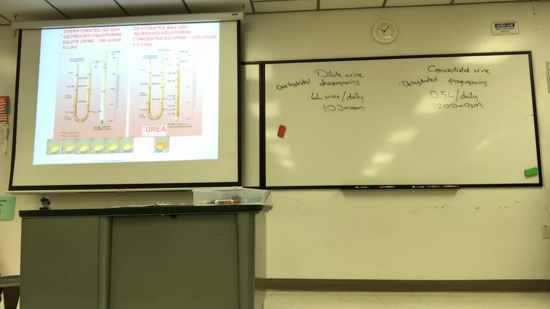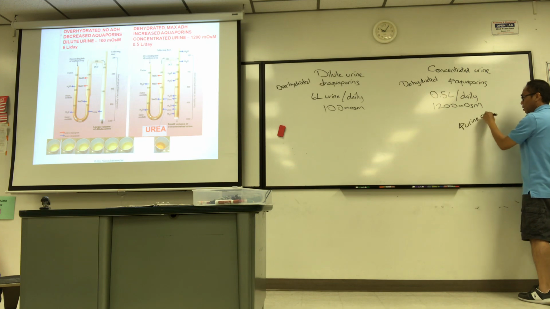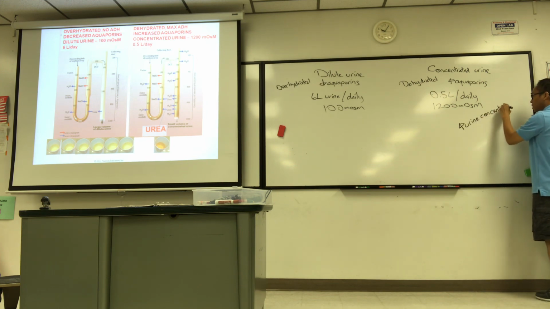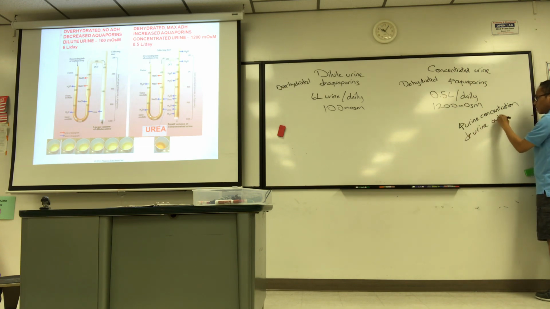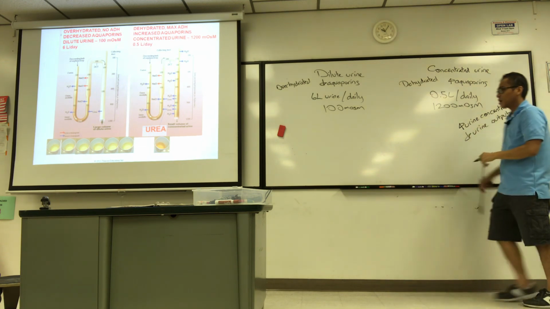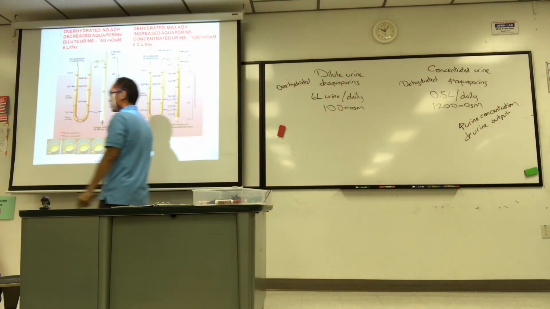So you increase the concentration, but you decrease the output. Okay, so that's the formation of the concentrated versus the dilute urine.